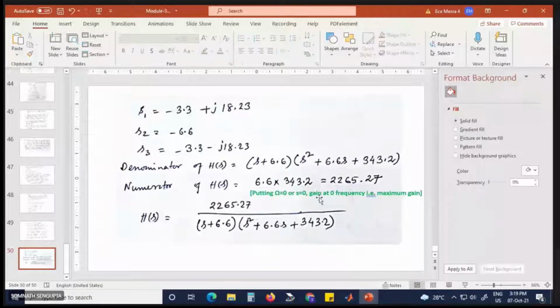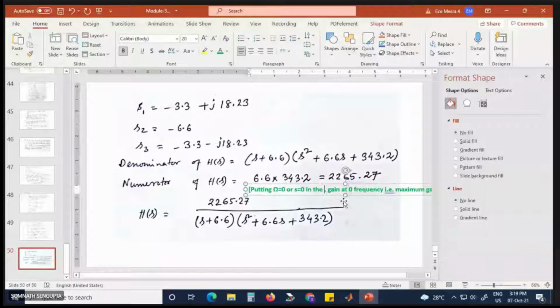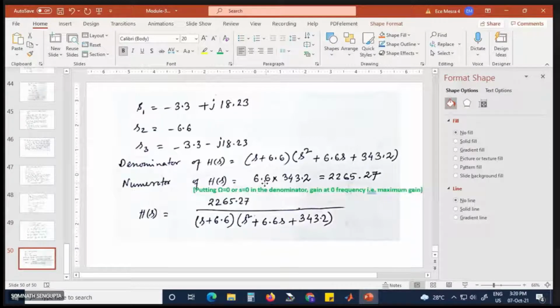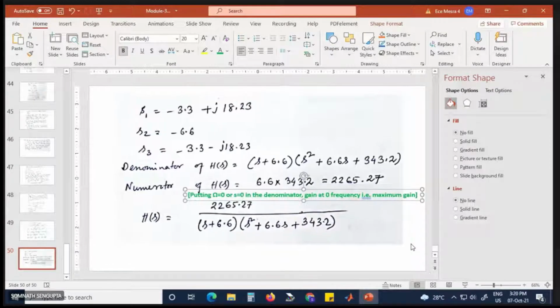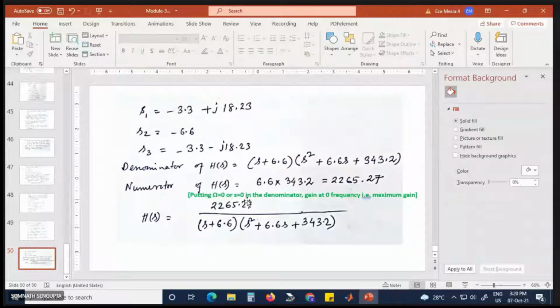In this formula, putting omega equal to 0 or s equal to 0 in the denominator, that is unity gain.